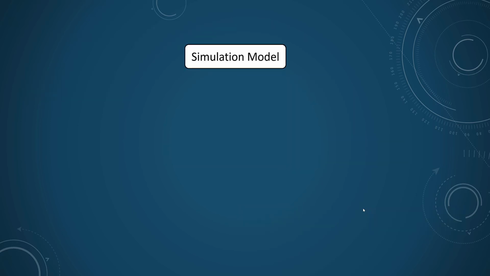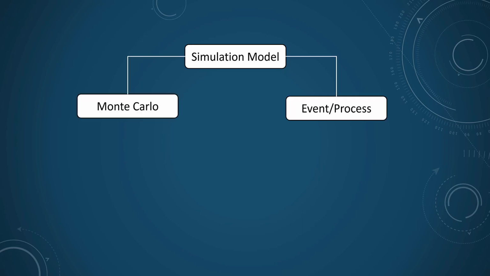Now let's take that simulation model and break it down a little bit more. So we have two kinds of simulation model that we can think of, or at least in this course we can visualize simulation modeling in these two broad categories. One is called Monte Carlo simulation, from the French Riviera, and the other is discrete event simulation, process simulation, or event simulation.